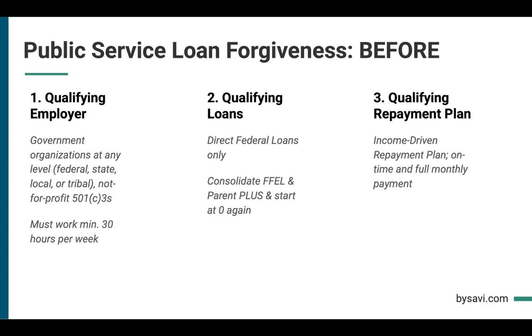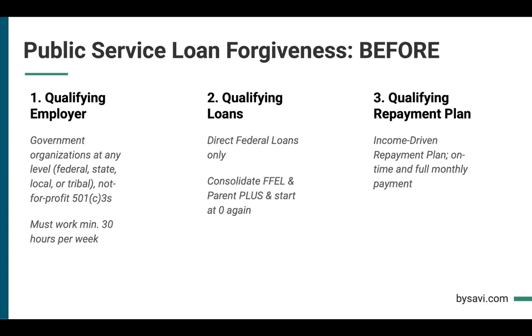Okay, so you just need to get to 120 total. So let's say you worked for a qualifying public service employer for 2 years and accumulated 24 credits towards PSLF. And then you left and went to work in the private sector or took time off. Nothing happens to those credits. They simply pause. And if you were to ever resume your eligibility, you'd be able to resume accumulating those credits.